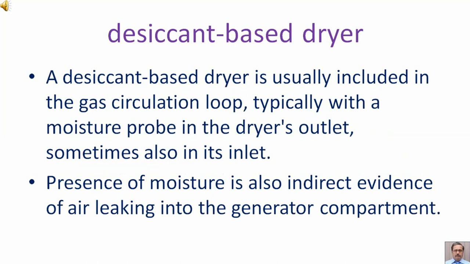A desiccant based dryer is usually included in the gas circulation loop, typically with a moisture probe in the dryer's outlet, sometimes also in its inlet. Presence of moisture is also indirect evidence of air leaking into the generator compartment.